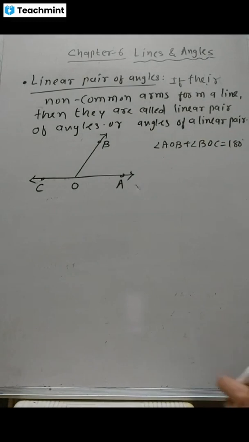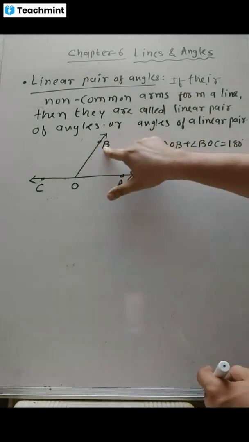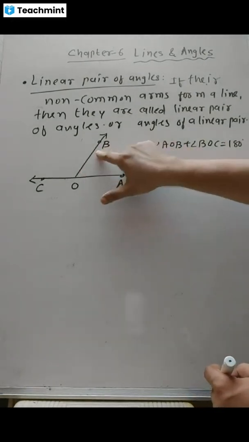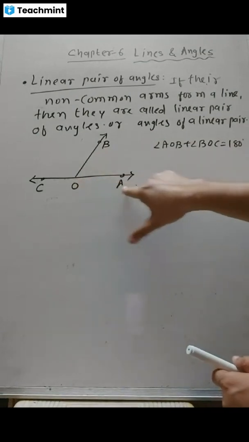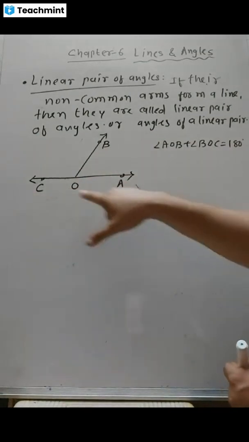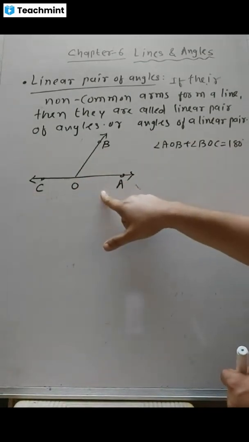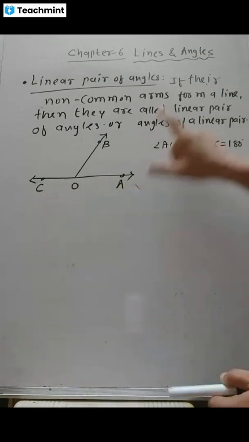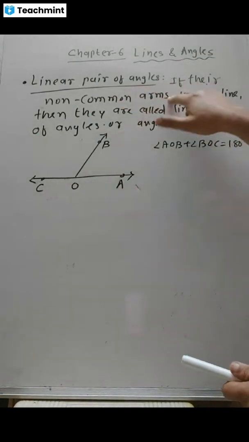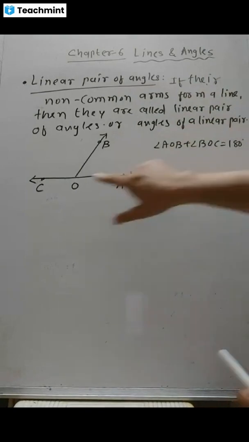There should be a common arm in the middle: common arm OB, and non-common arms OA and OC are both in opposite directions. The non-common arms should form a line.